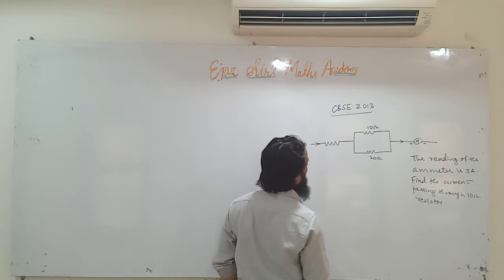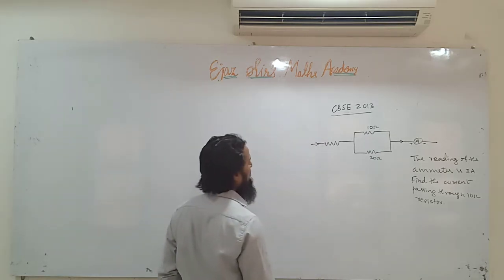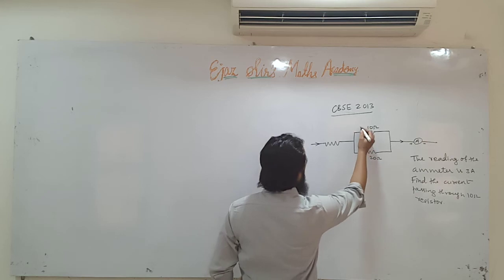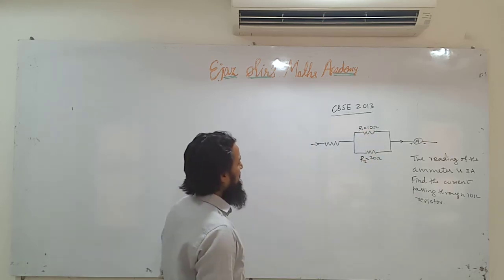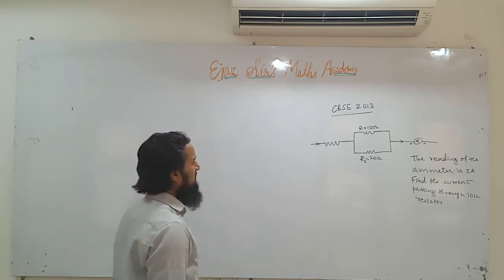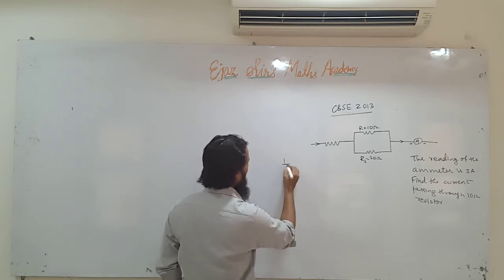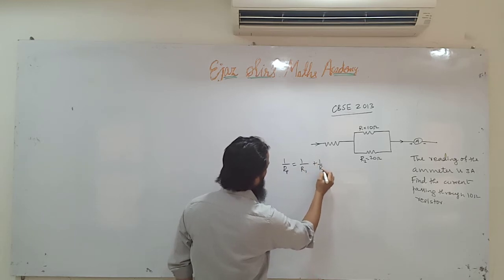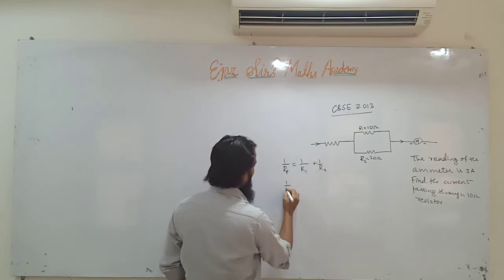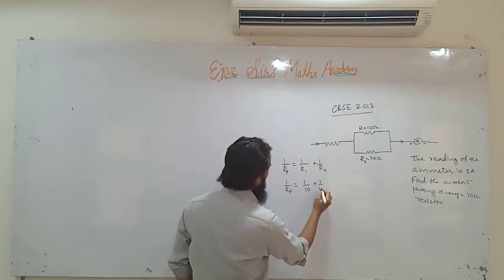So let us suppose this is R1 and this is R2. We have to calculate the current passing through. They are connected in parallel. R1 and R2 are in parallel. So we will write 1 upon Rp is equal to 1 upon R1 plus 1 upon R2. So it will be 1 upon Rp is equal to 1 upon 10 plus 1 upon 20.